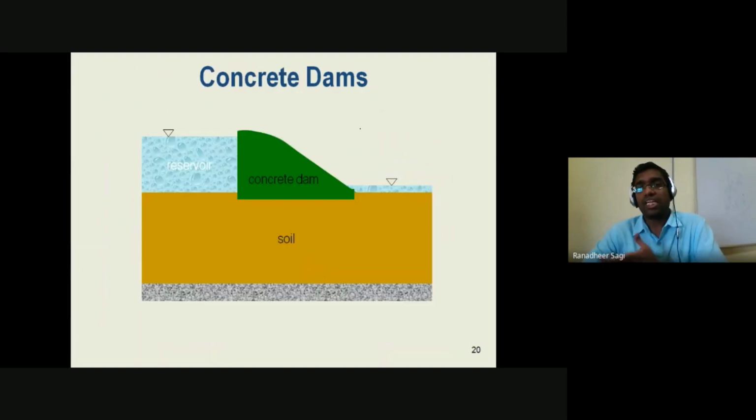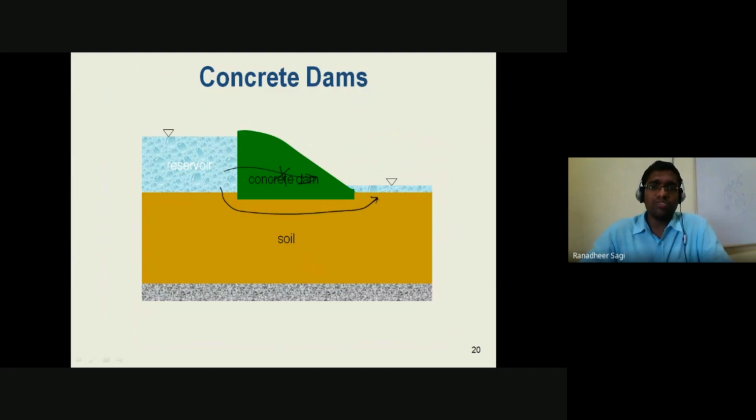And even in the case of your concrete dam construction, whenever you encounter a concrete dam, the flow cannot happen across the cross section of the dam because concrete is more or less assumed to be impervious in nature if proper curing is done. Then the flow happens through the soil strata only from the bottom of your concrete dam.